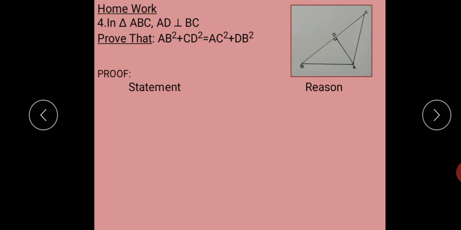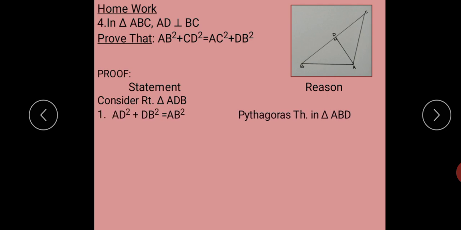Let's see the proof. First, apply Pythagoras theorem to right triangle ADB. So we get AD square plus DB square is equal to AB square. Keep AD square on the same side. You will get AB square minus DB square from statement 1.